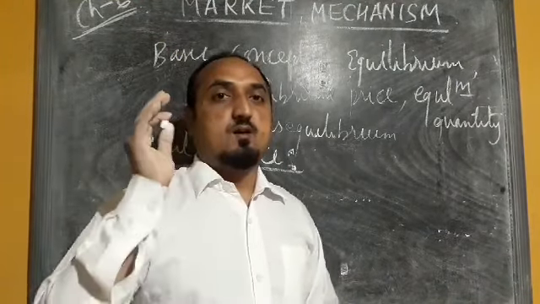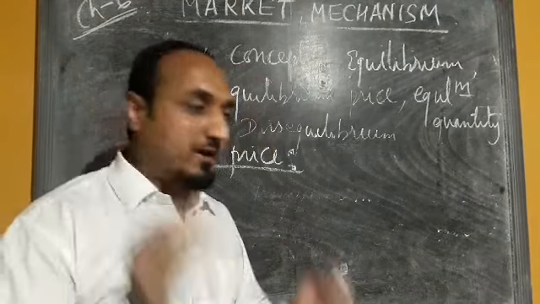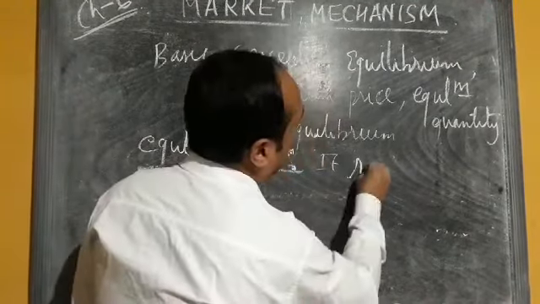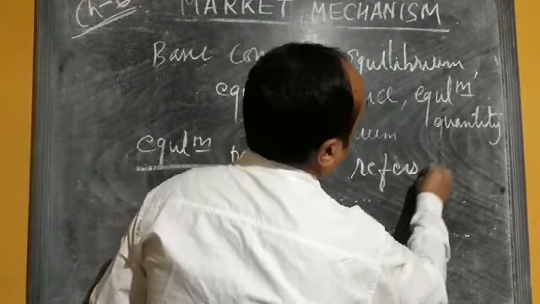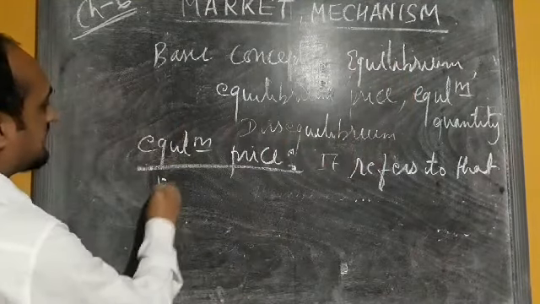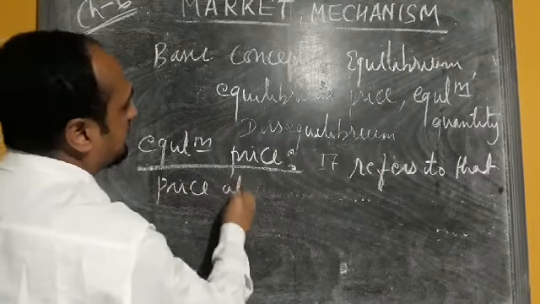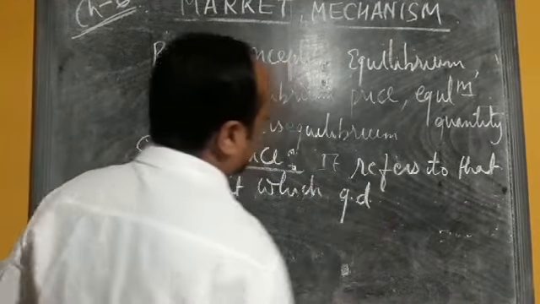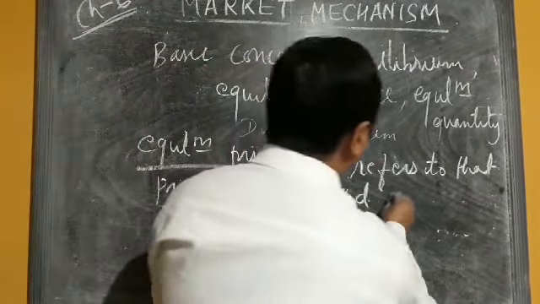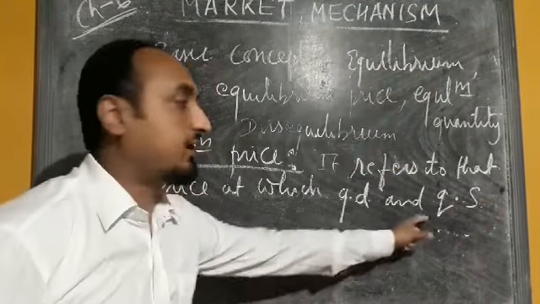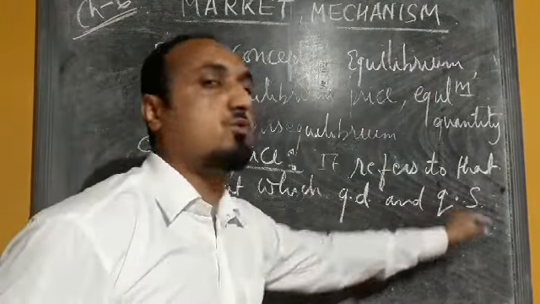Equilibrium price refers to that price at which quantity demand, QD is our quantity demand and QS is our quantity supply.